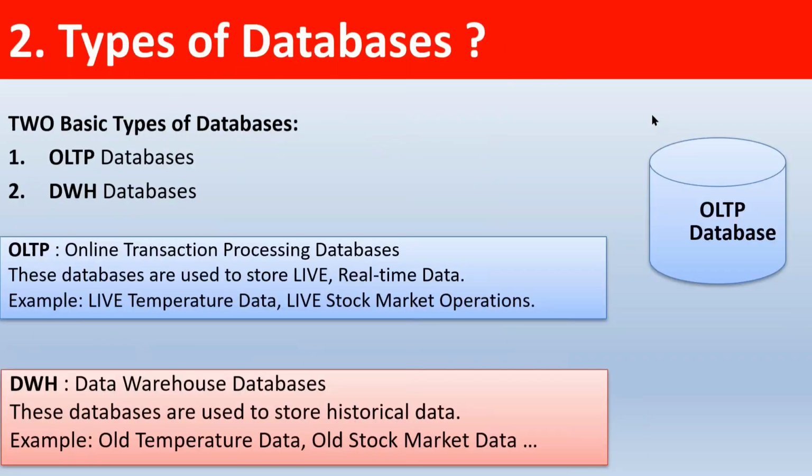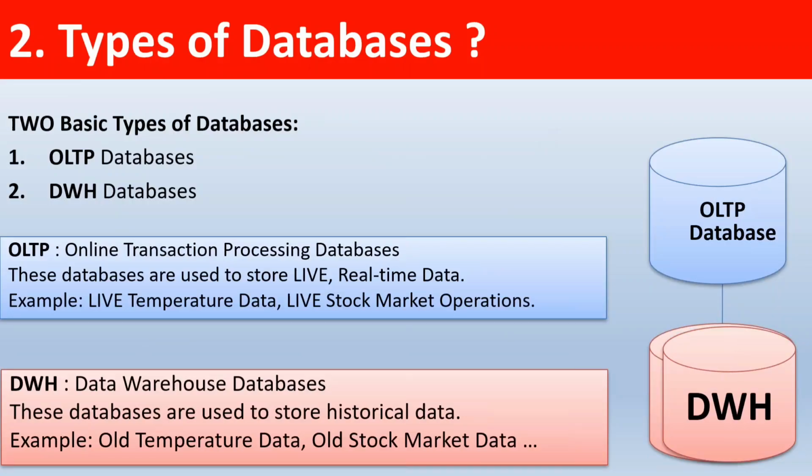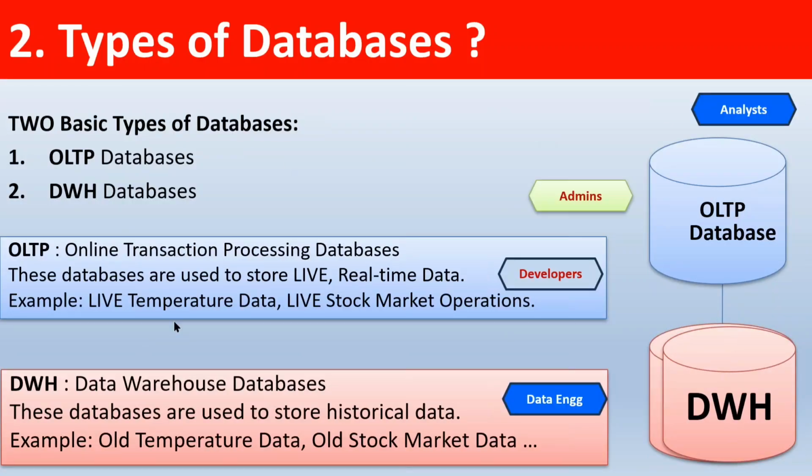Then we learned types of database, OLTP, data warehouse. OLTP developers will take care. Data warehouse engineers will take care. Admins to manage both OLTP and data warehouse, and analysts to report from data warehouse and OLTP databases.